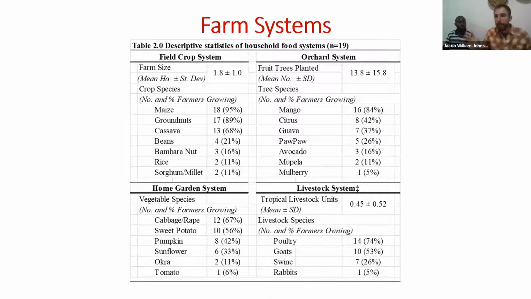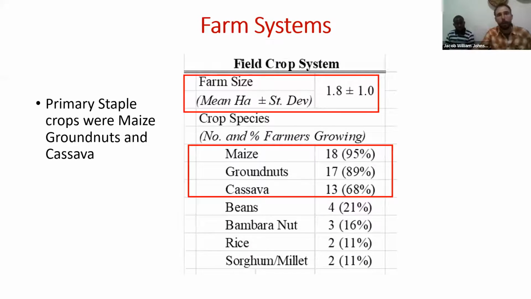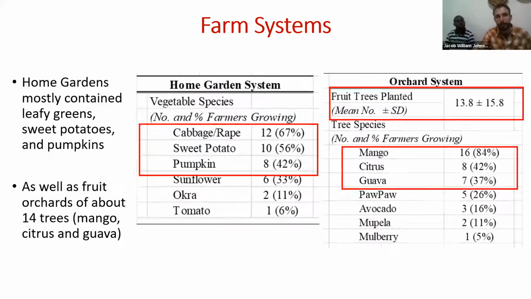This is a table describing household food systems for the 19 participants. It's a busy slide, so I'm going to quickly break this down piece by piece, just to give you an overall idea. Primary staple crops that farmers grew were maize, groundnuts, and cassava on a farm size of about 2 hectares of land.